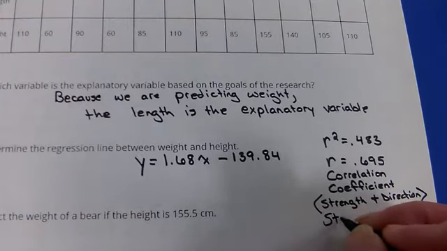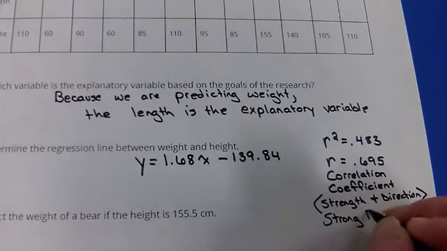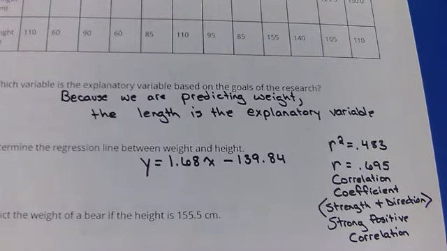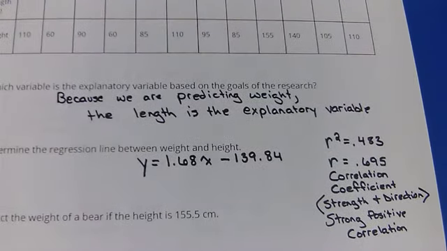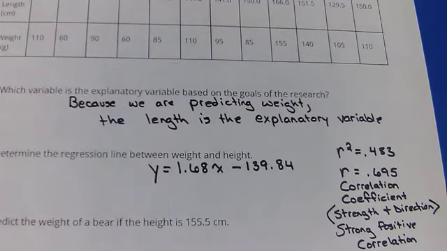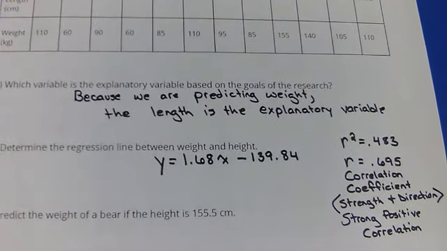So this would be a strong positive correlation. I think of it as that's about 70% of the data is fitting the pattern. It's not quite that, but I kind of think of it that way.